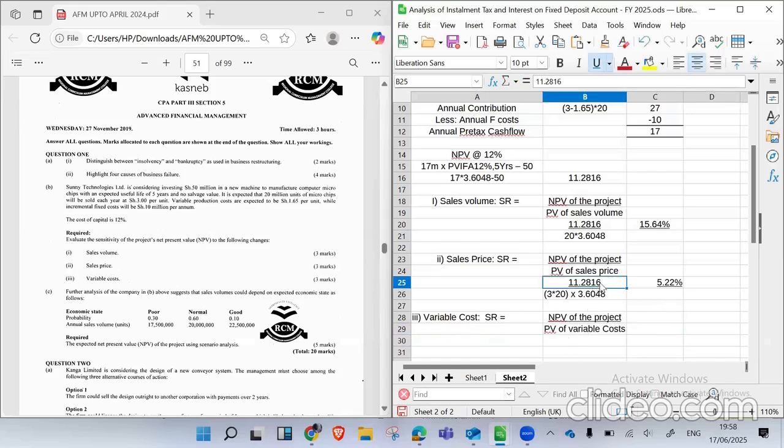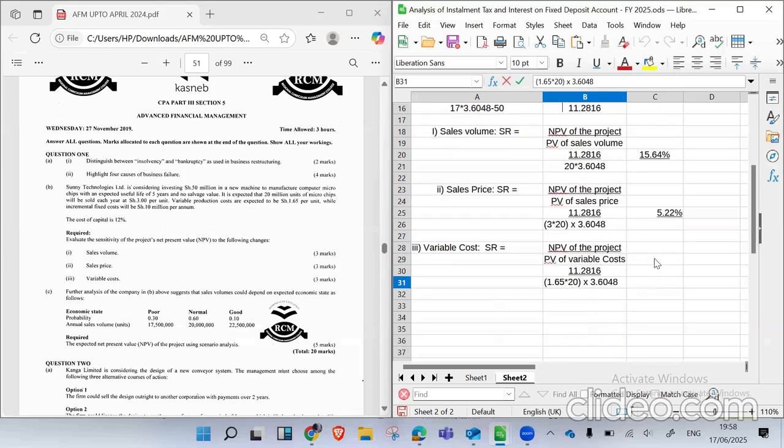Our NPV is here, divided by the present value of variable costs. Our variable cost per unit is 1.65 annually again. Annually, that is an annuity for 5 years.